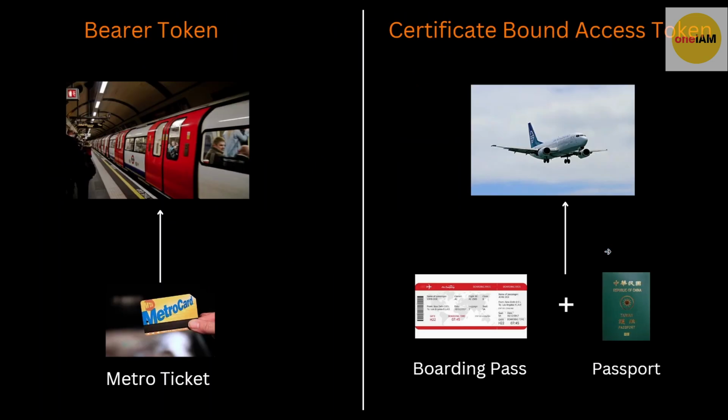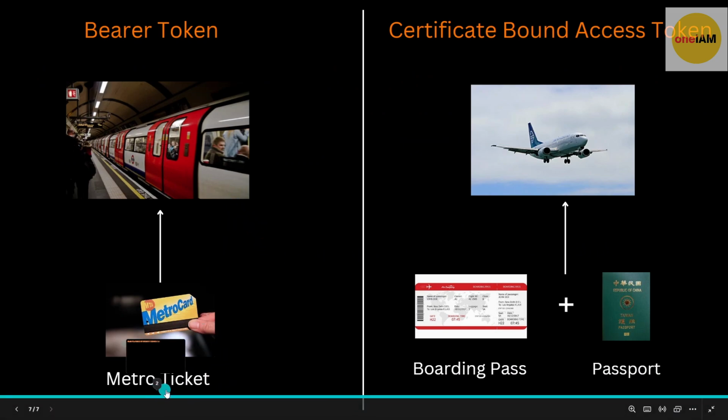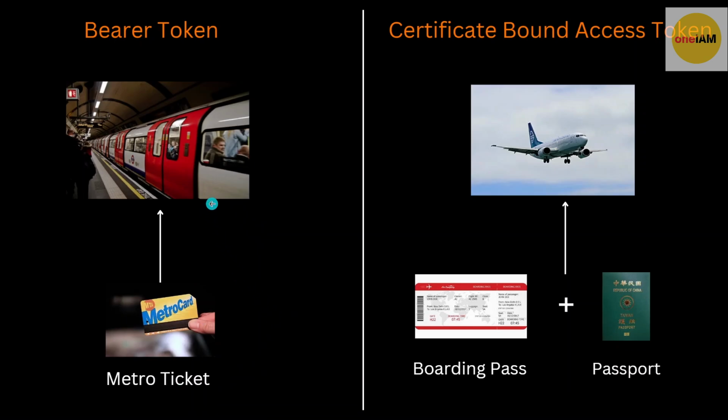If you talk about a real world example to get a better understanding, we can talk about something like a metro ticket and an airline boarding pass. Anyone with a metro ticket can board the plane, right? Sorry, not the plane, the train. You can purchase the metro ticket and give it to your friend and he can then board the train.